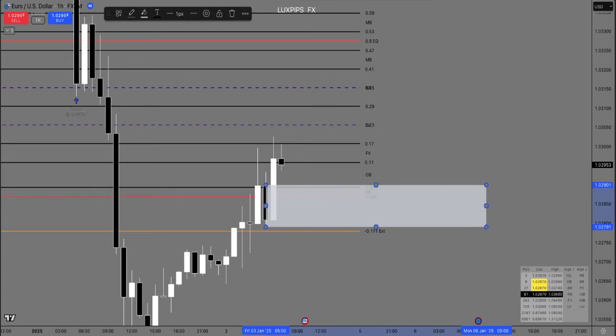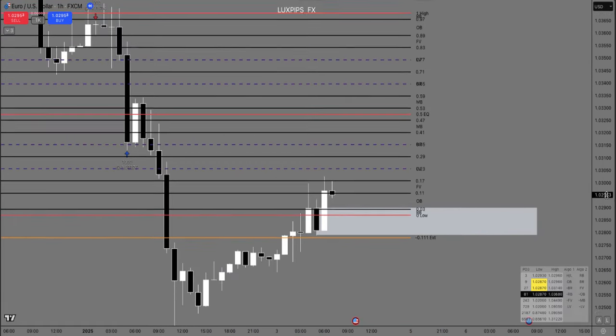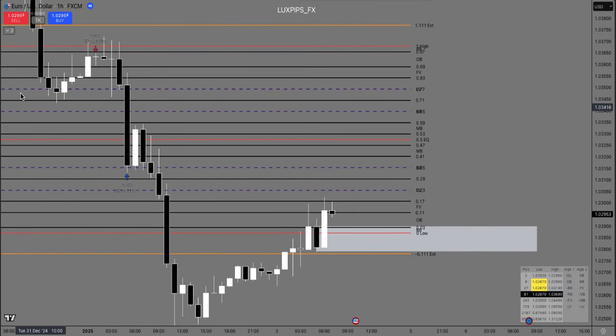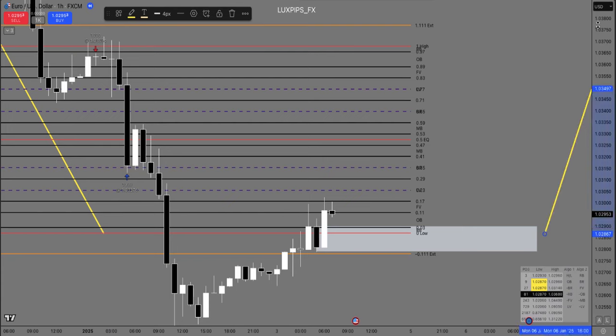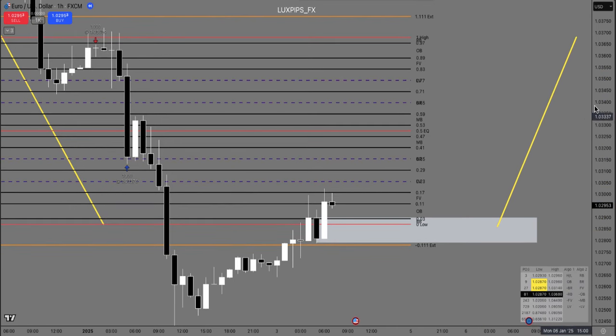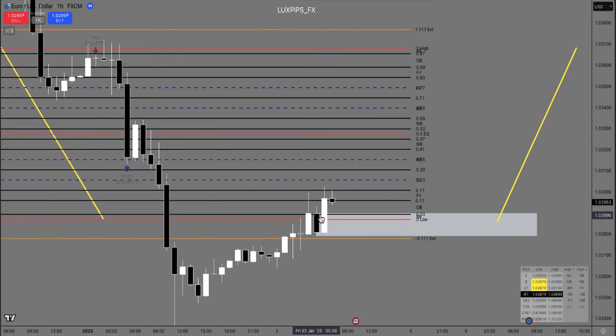So I'm gonna draw a box around that. This is also looking like an Algo 1. I can see the sell side curve here, and then buy side curve here, right? Alright, so let's see if this OB is tested and this FV level has a nice bullish candle inside.